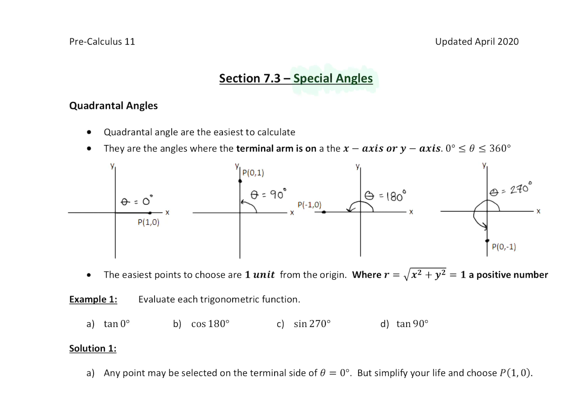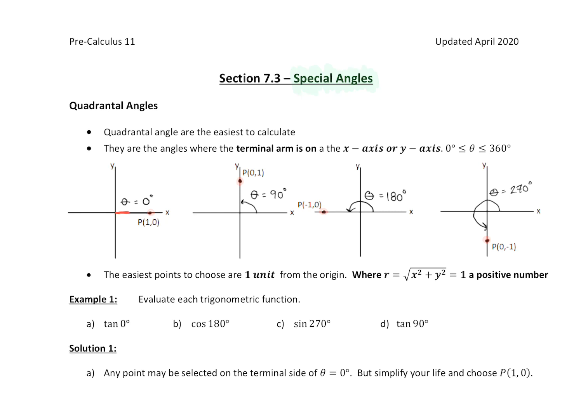So the first ones I want us to look at are called the quadrantal angles. Now that's just a fancy, weird math word for the ones that occur at each quadrant axis. So you've got when it's on the x, when it's on the positive y, when it's on the negative x, and when it's on the negative y. So consider your line as it rotates around the axis.